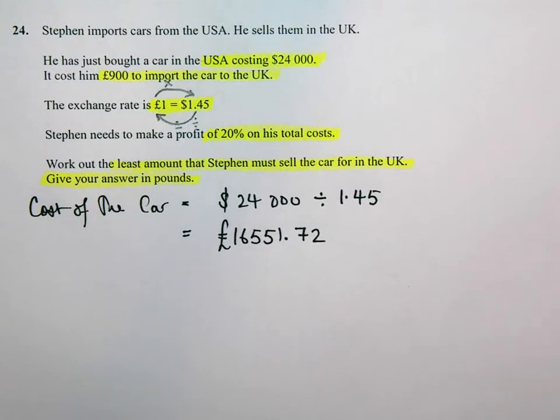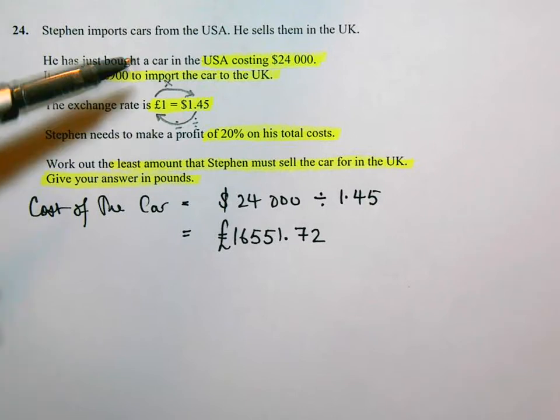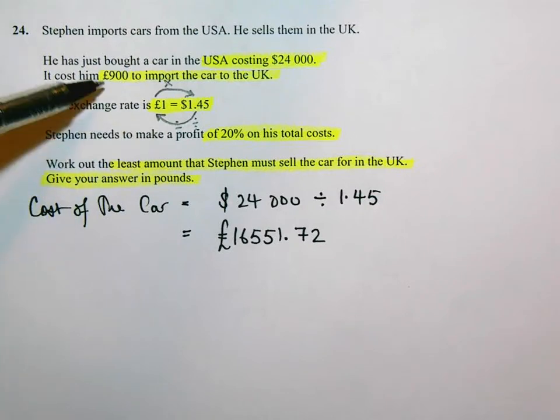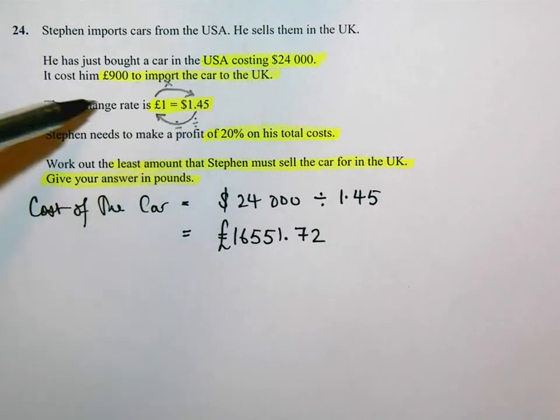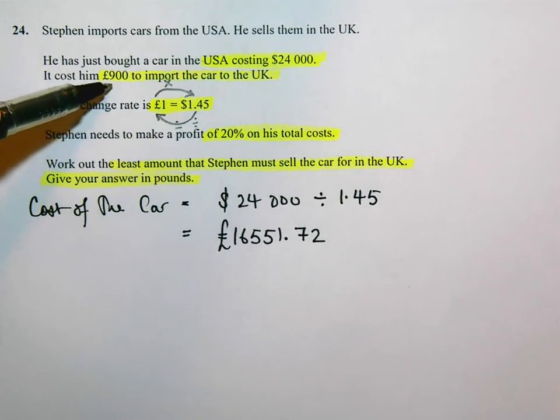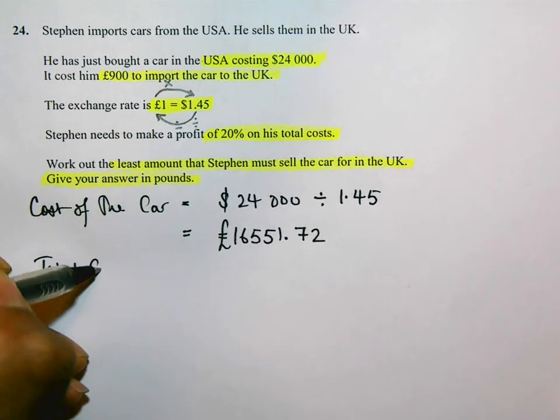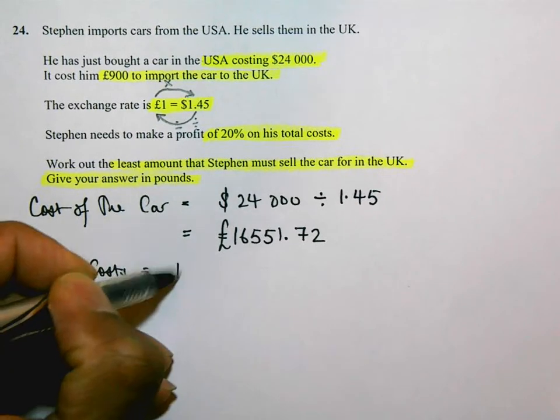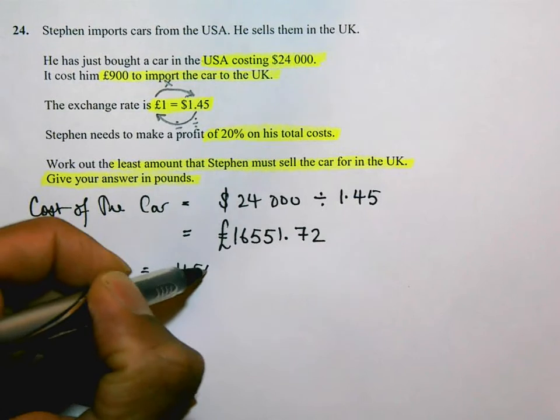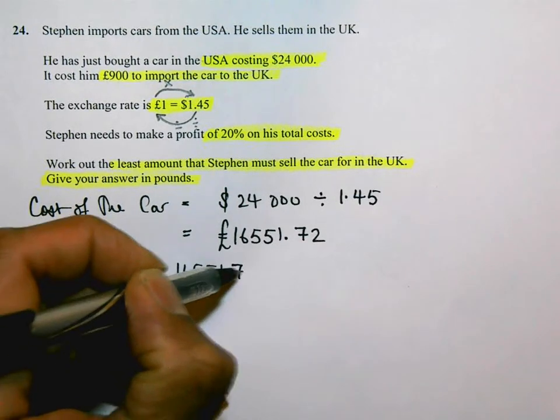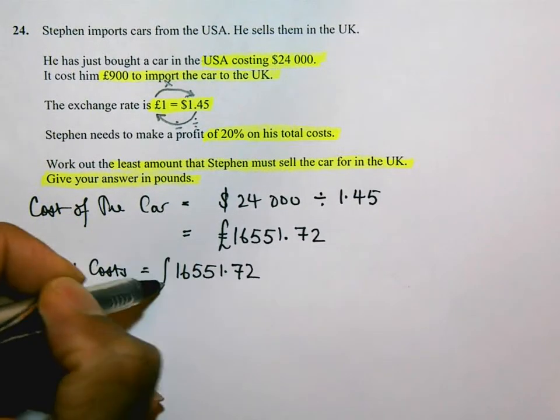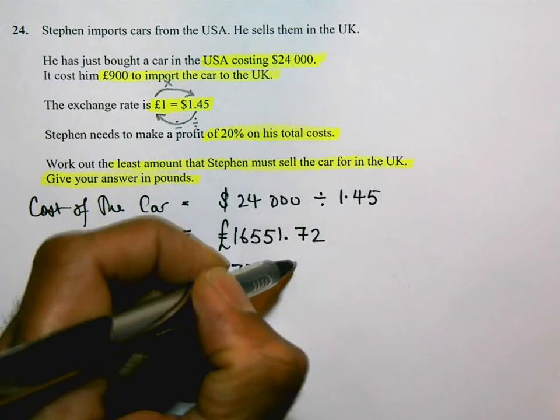However, the cost that he had was not only paying for the car, but also to bring the car into the UK. So his total cost is that £16,551.72, the cost of the car, plus £900.